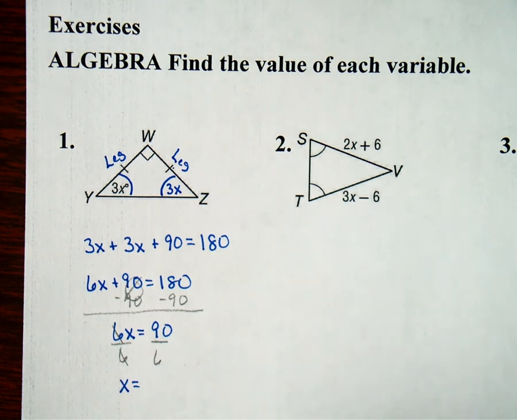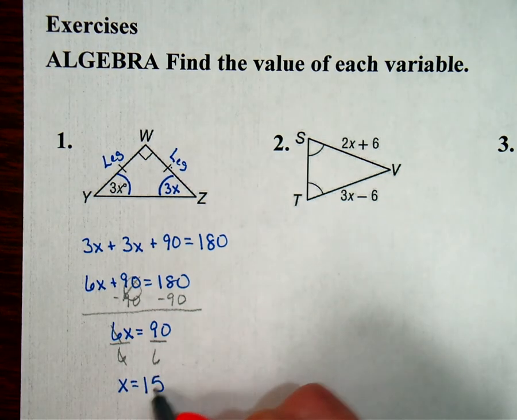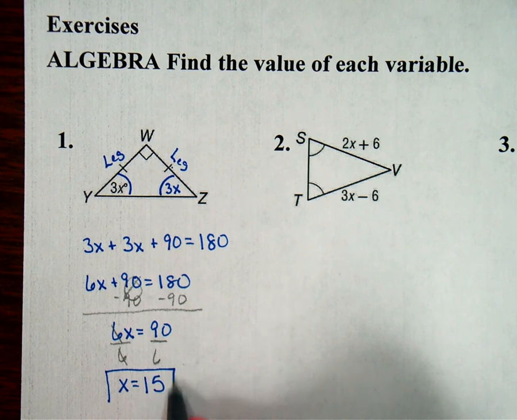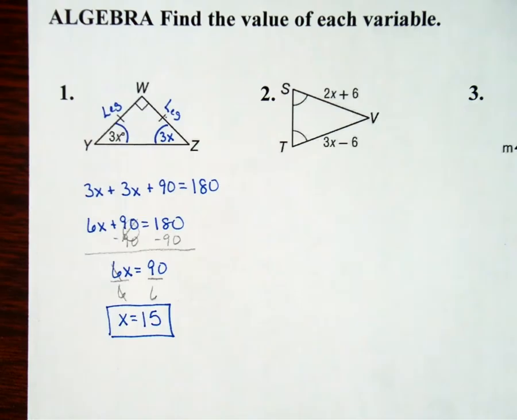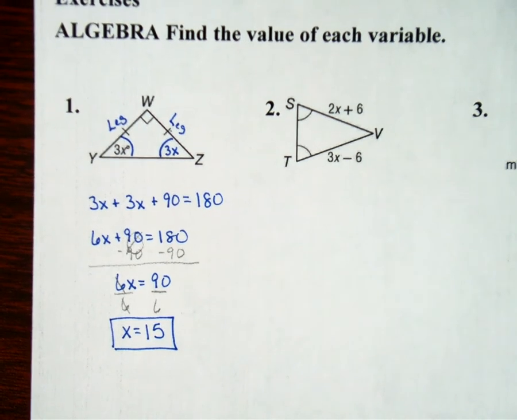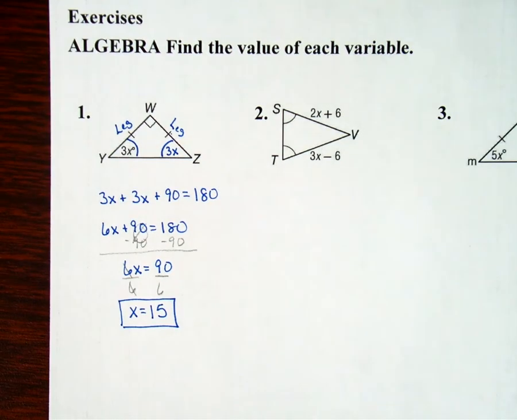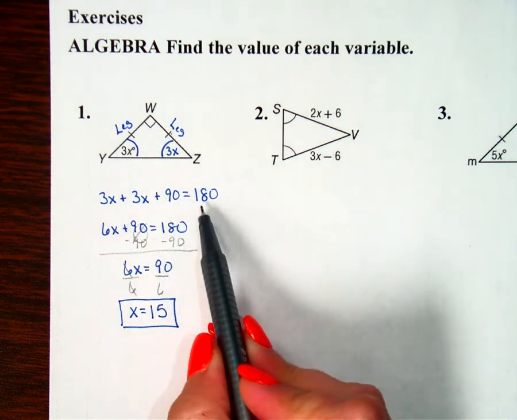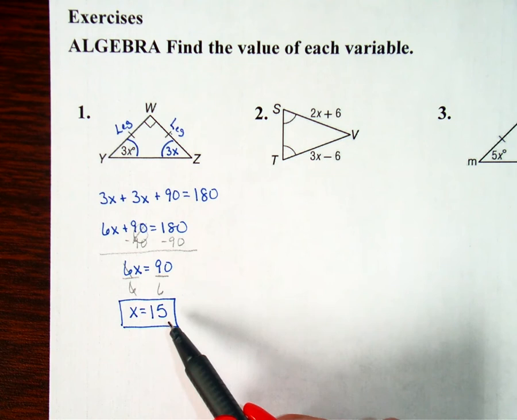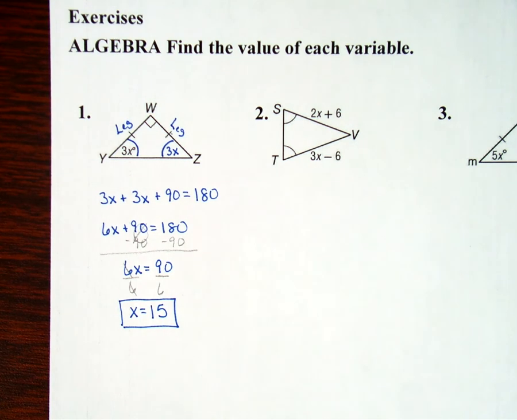Yes, it is 15. Okay, oops, y'all couldn't see all of my work there. There we go, 15. So I took my three angles, I added them together to equal 180, and then I simplified, solved for x.